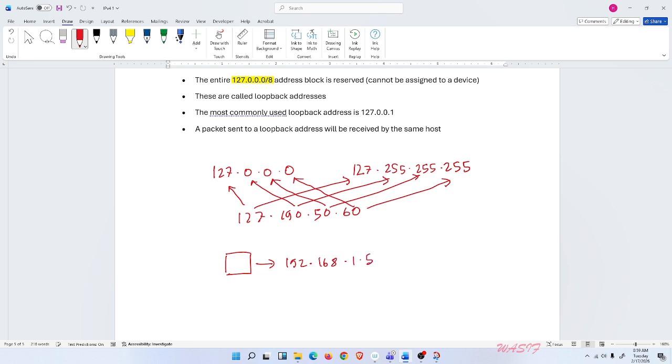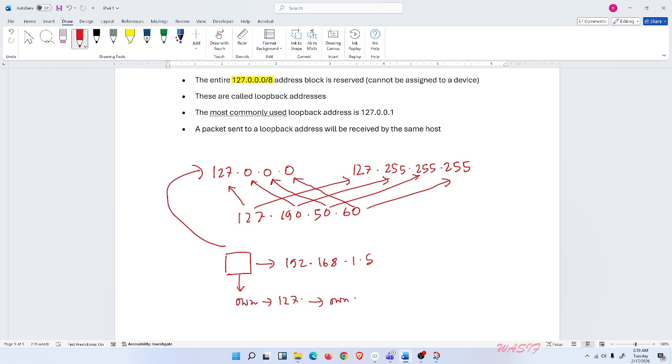In addition, the whole lot of IP addresses you can see here is also its own IP address. So any loopback address which starts with 127 is its own IP address. So this computer has maybe a few thousands or millions of IP addresses of its own.